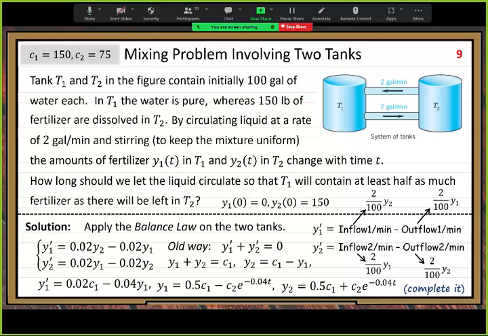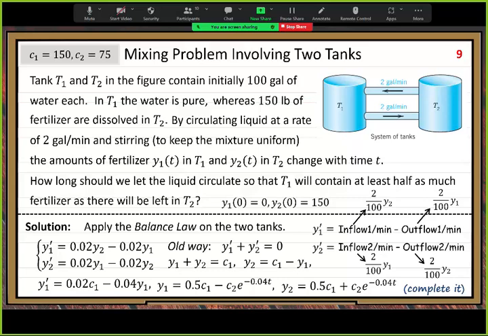Then, the amount of fertilizer in tank 1 is 1/2 of the amount of fertilizer in tank 2. Total 150 pounds, right? So in tank 1, 1/3, 50 pounds. Tank 2, 2/3, 100 pounds. Okay? So you have the Y1 solution in tank 1 equals 50.